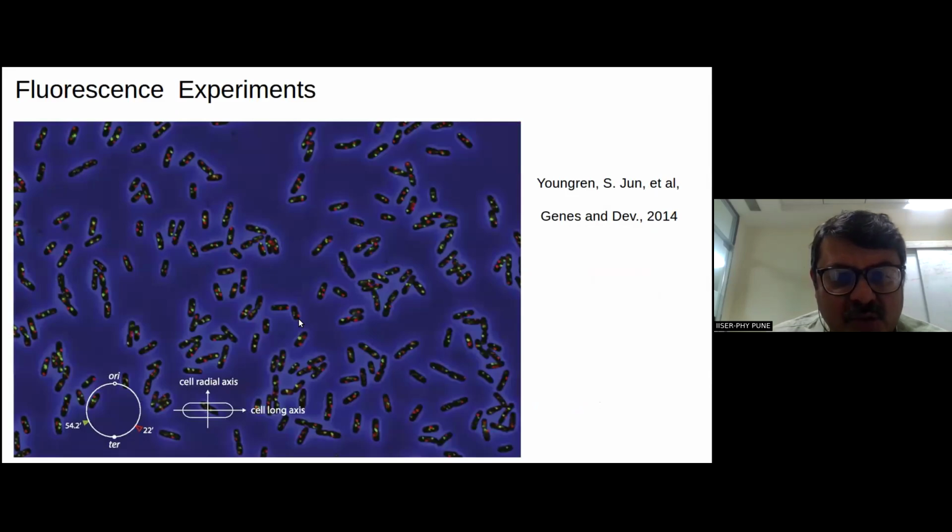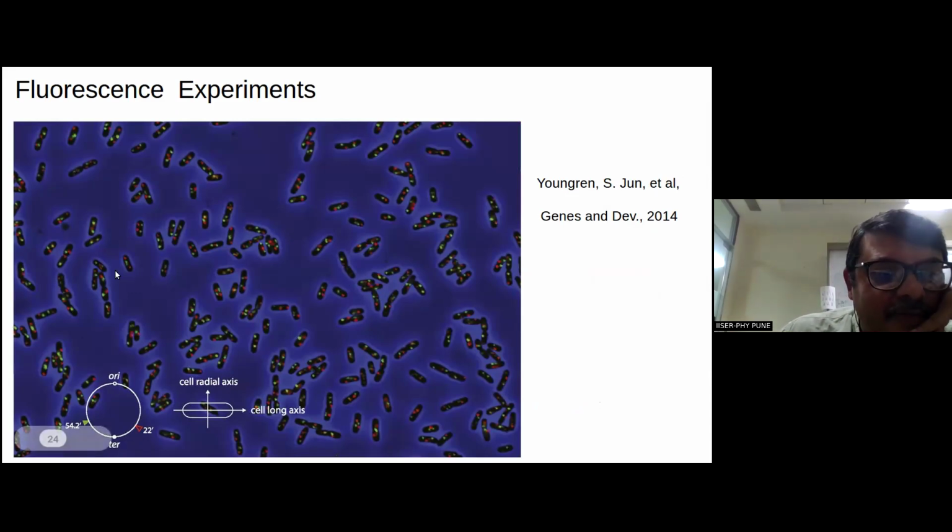And this is how it looks. You see, some are long, some have two red points, some have more red points. And what you see is these red points and the green points, different points in the chromosome, they take definitive motion.